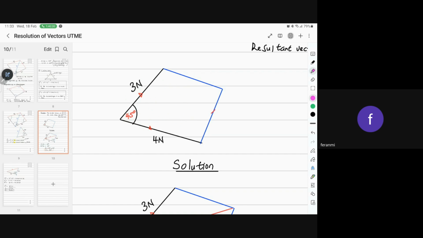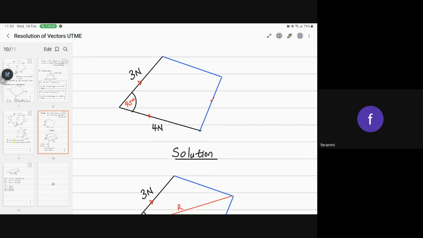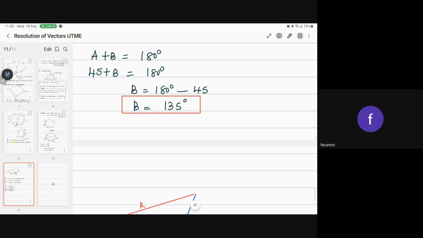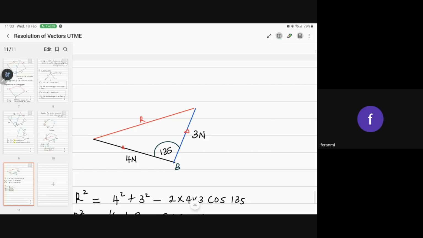I went through this process of forming this triangle so that you can see how it forms a triangle to which we can apply the cosine rule.